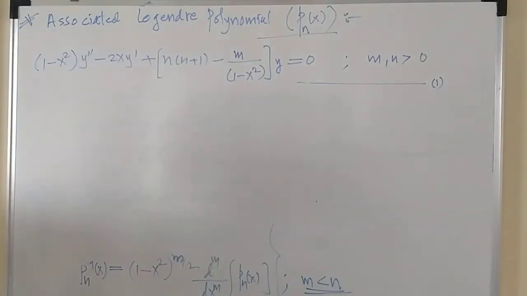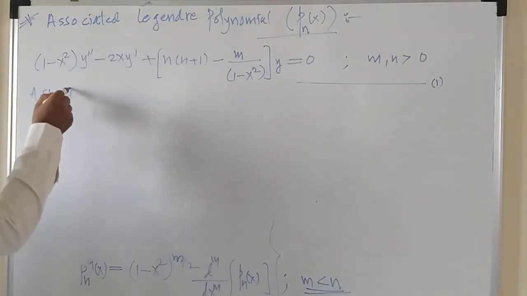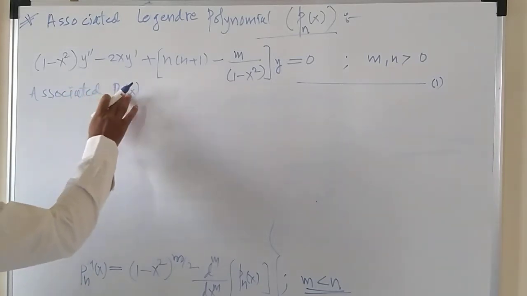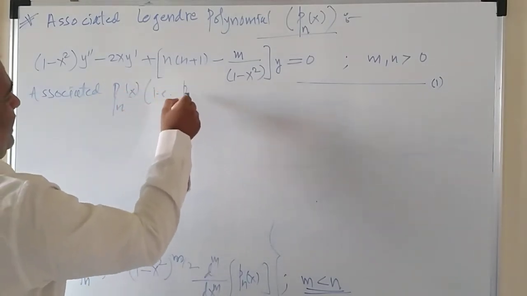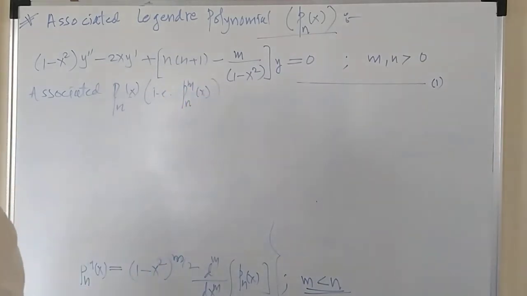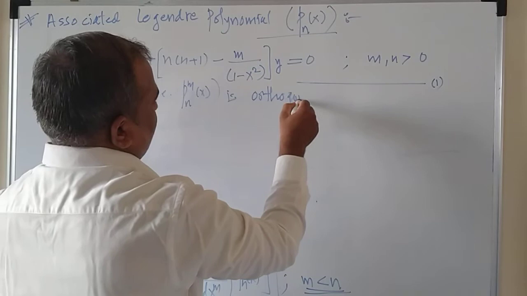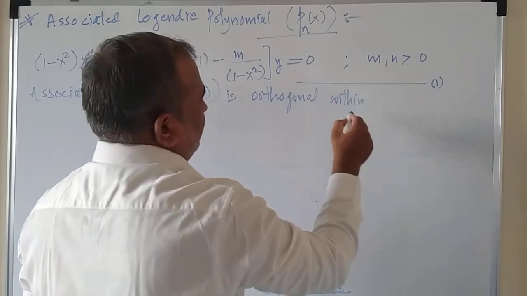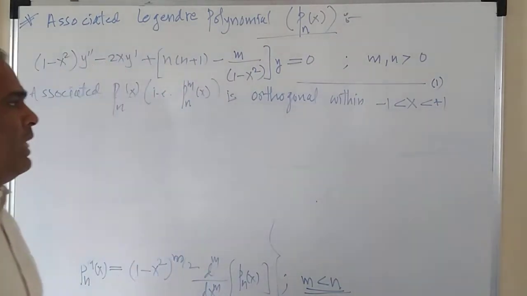So the associated Legendre polynomial is orthogonal within this region.